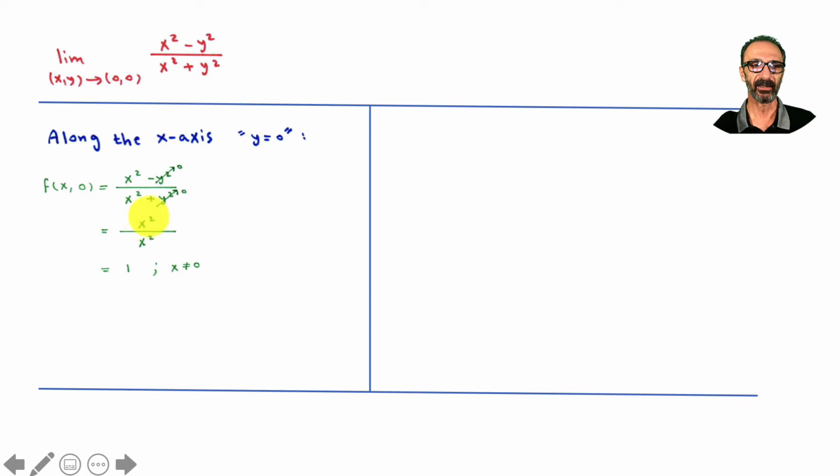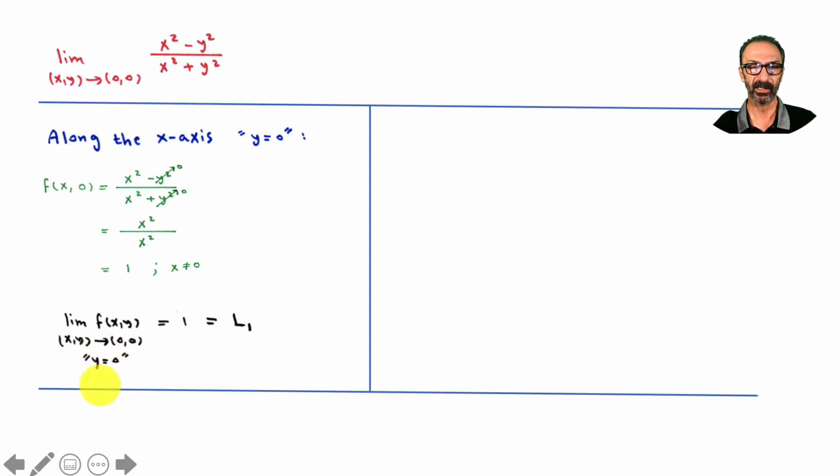So I could divide both sides by x to the second, just because we are approaching 0. As you can see, to emphasize that, I did it right, and the answer is 1. Now, if your simplified function along this path is 1, the limit is not going to go anywhere else, so the limit is 1.